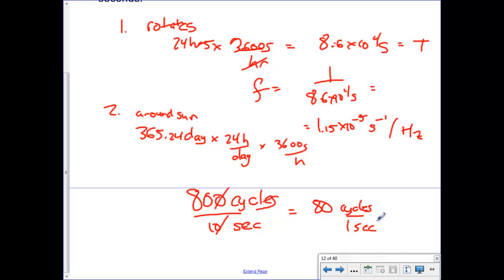Is this frequency or period? Frequency. It's just going to take a while to get used to the two of them. The reason this one is frequency is that the seconds is now on the bottom. So you could call this 80 hertz. So 80 times in 1 second, this hummingbird goes.